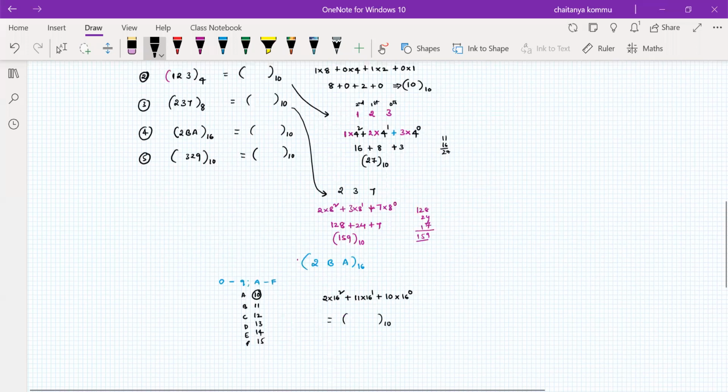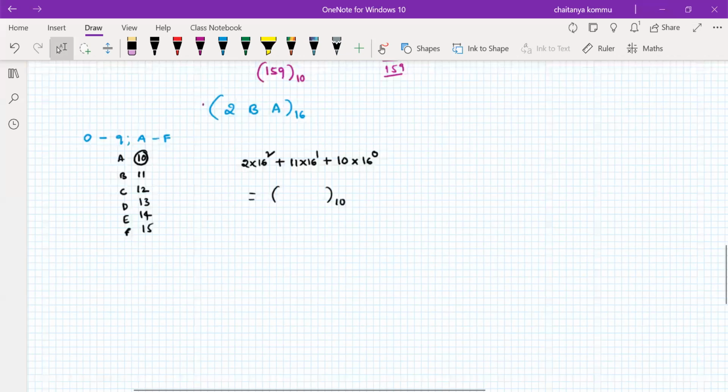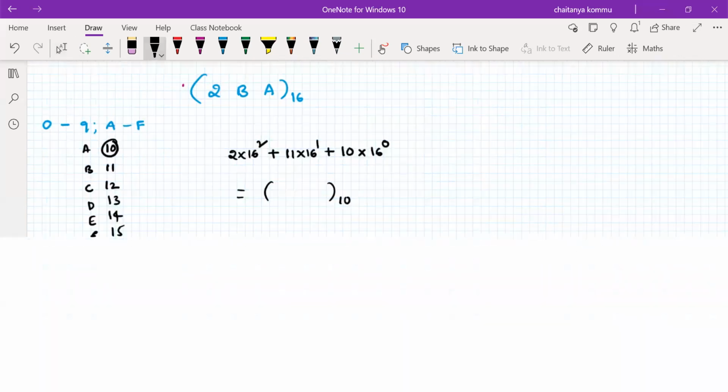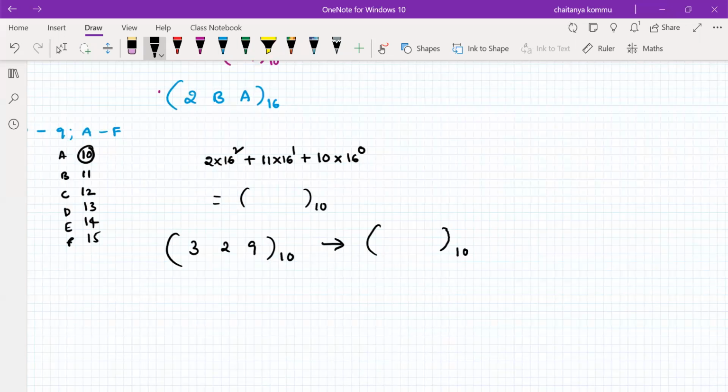By the way, for the last one we can consider 329 of base 10 into the same base. It should be the same value, otherwise the conversion is wrong.